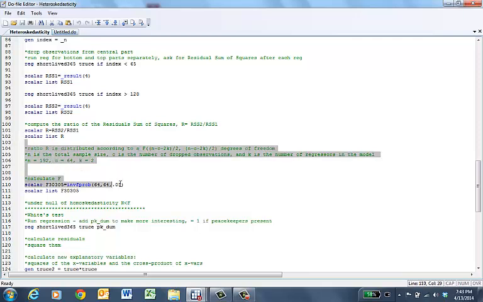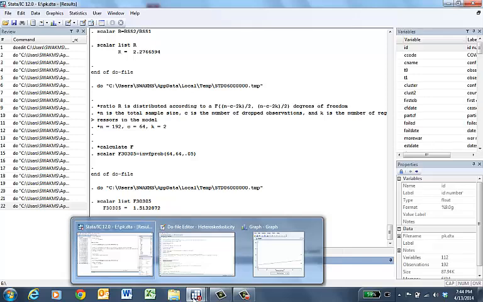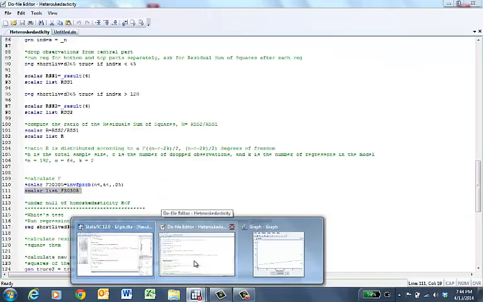So if we calculate that, this gives us 64, 64, and then our 0.05 is just the confidence level that we would like to use for this F. So again, if our F is greater than our R, we would fail to reject the null of homoskedasticity, but our R value is greater than our F, and this indicates that we can reject the null hypothesis, that there's an issue with heteroskedasticity in our model.